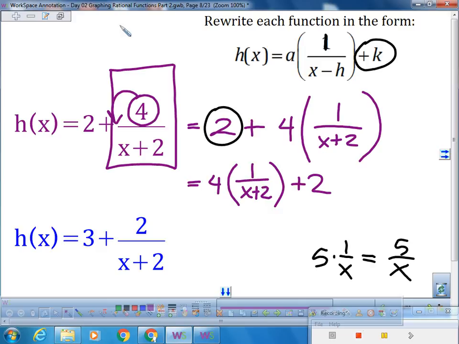I could have rewritten it like this, 4 times 1 over x plus 2, and then reversed it, 4 over 1 times 1 over x plus 2, and then I just dropped the 1. Okay, I'm going to do one more, and then we're going to practice. Yes? Okay, I'm going to go quicker on this one.